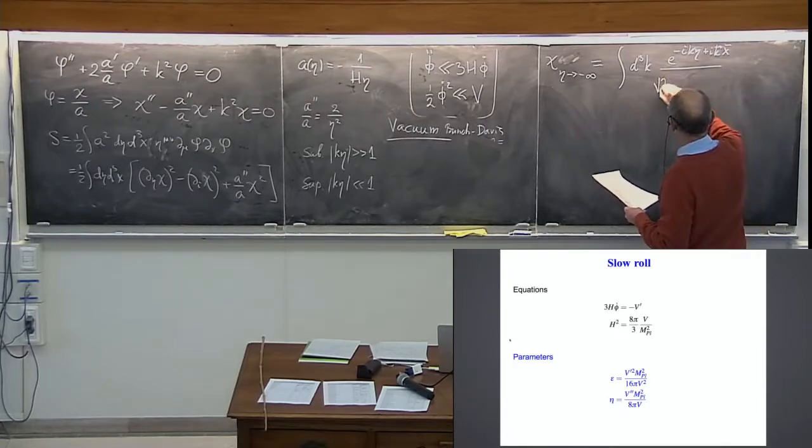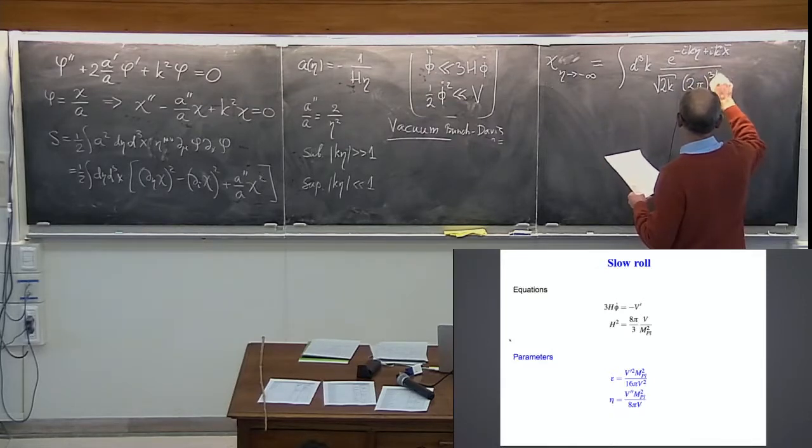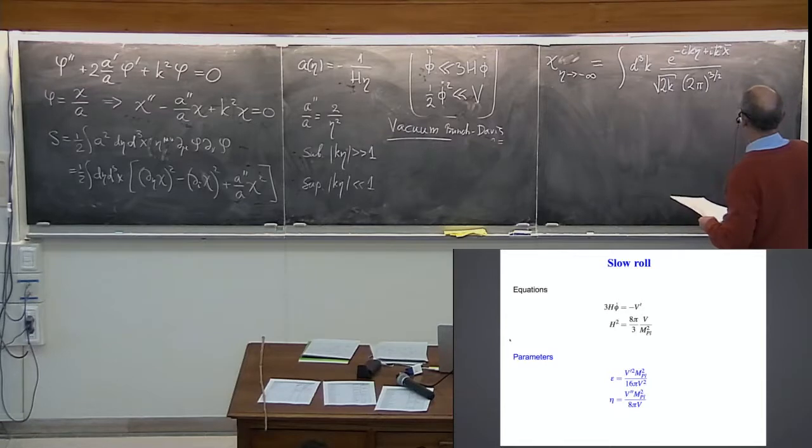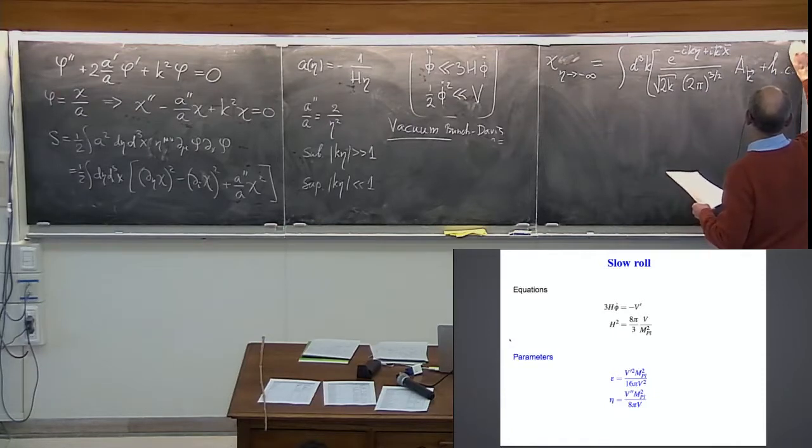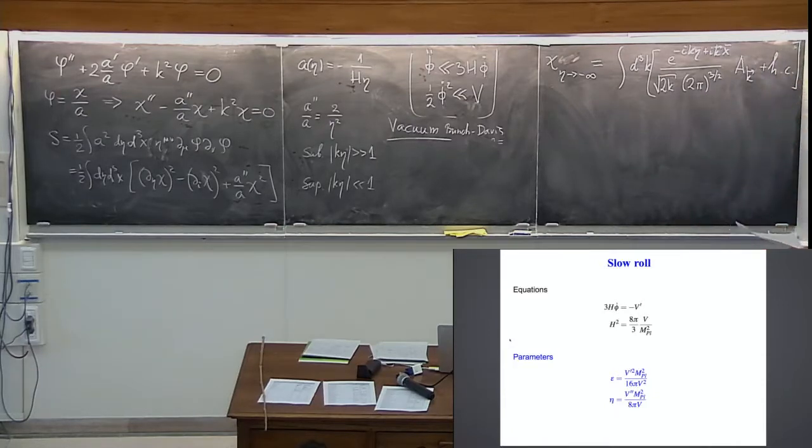Normalization, which is conveniently chosen in this fashion, to k over (2 pi)^3 over half, and a of k, plus Hermitian conjugate. Okay, that's my expression for the field.